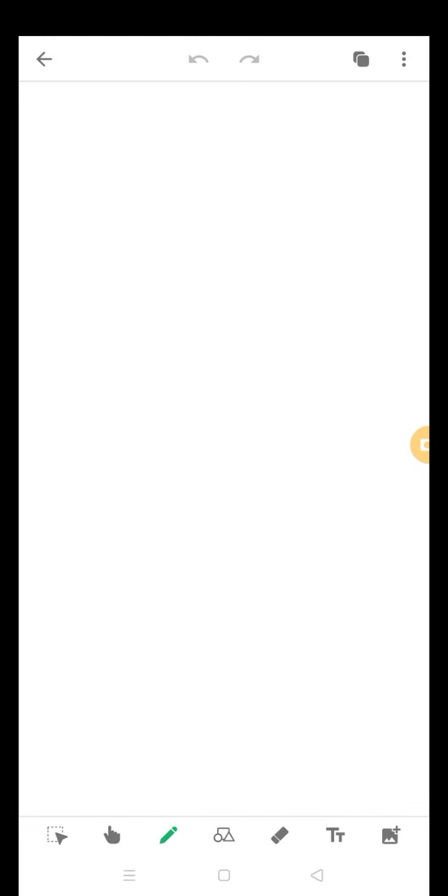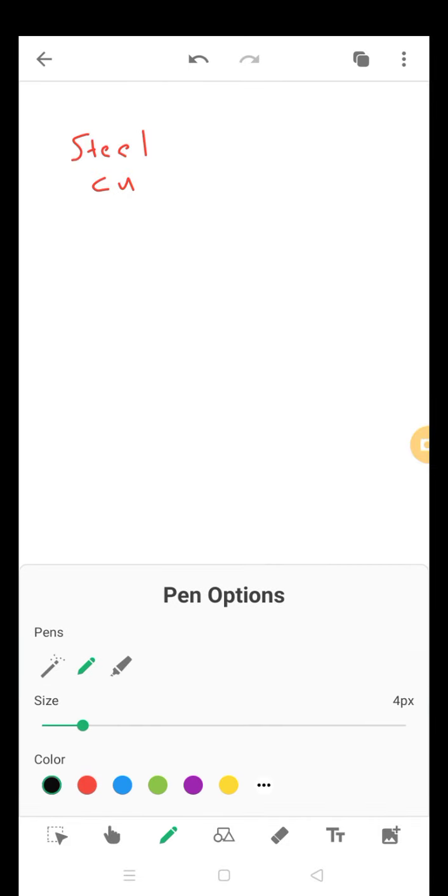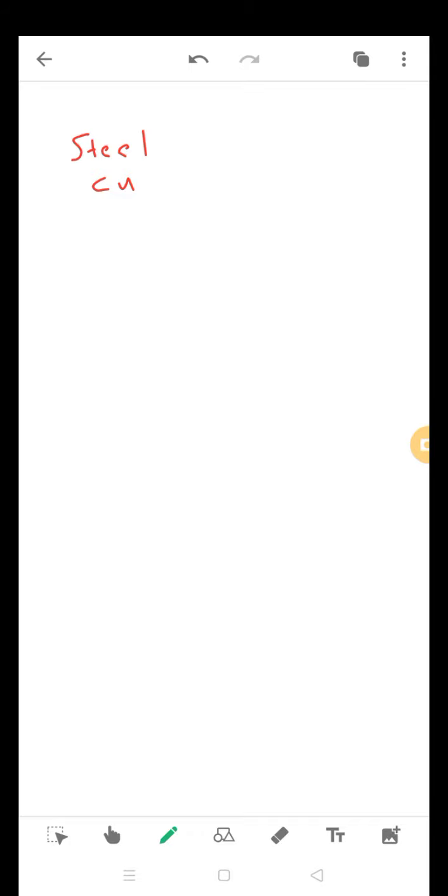Now, taking a few examples, the example of steel and copper. For the case of steel, this G by 2 pi value is 8 gigapascal, whereas for copper it is 4.5 gigapascal.